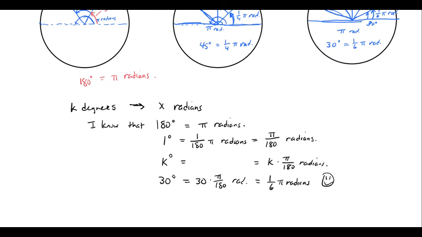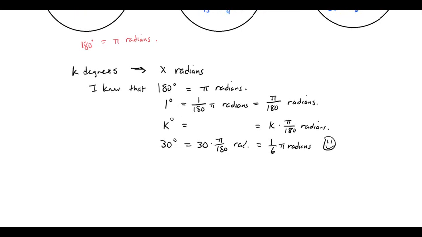What if you want to convert a certain number of radians to a number of degrees? How would you do that? Well, let's start with this fact again, that 180 degrees equals pi radians. Let's start a bit differently now. What happens if I divide that by pi?